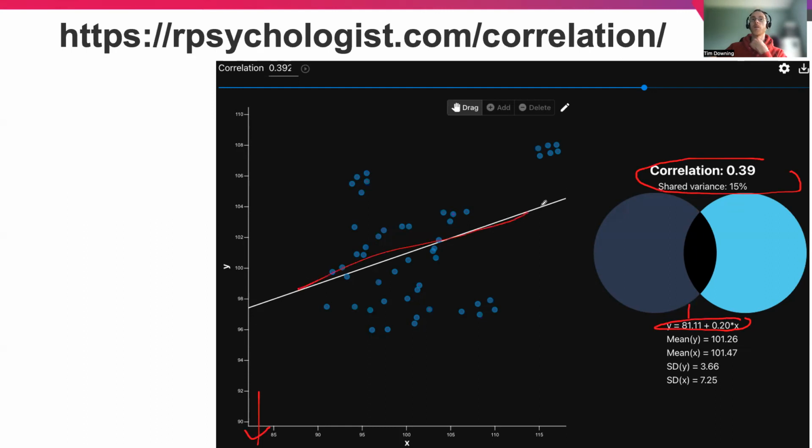The slope is 0.2. The mean of X and Y are about 101 each of them, so that's here and here. And they show the standard deviations as well, which you can see is lower for Y and higher for X. And you see how the shared variance, the covariance of X and Y and correlation are closely linked.